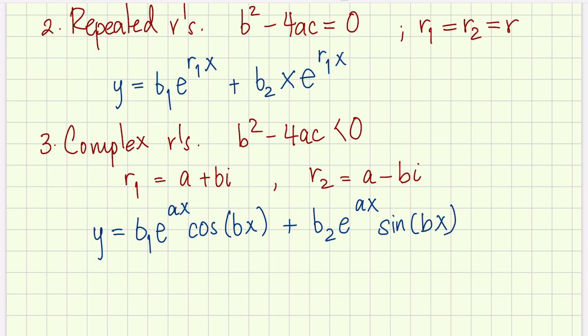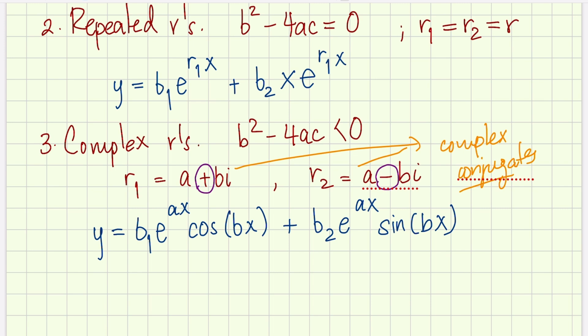I want you to remember that these both always come as complex conjugates. The only thing different between them is this sign. Okay, and that's it. This is how you solve second order linear homogeneous differential equations with constant coefficients.